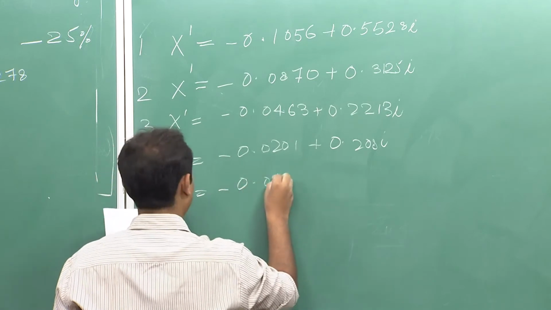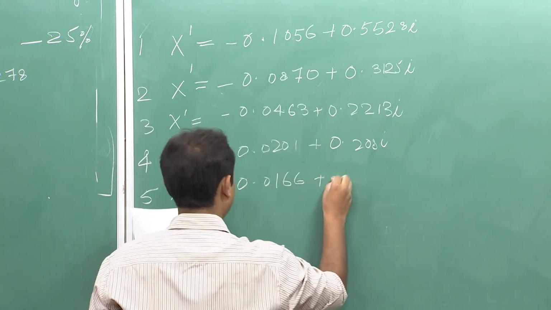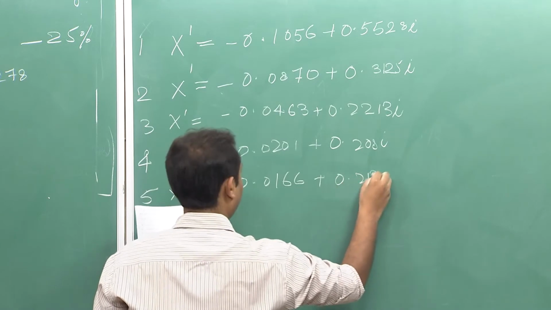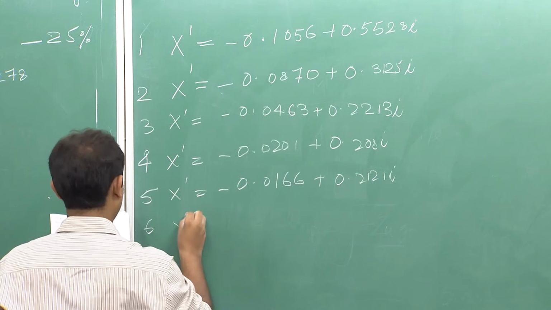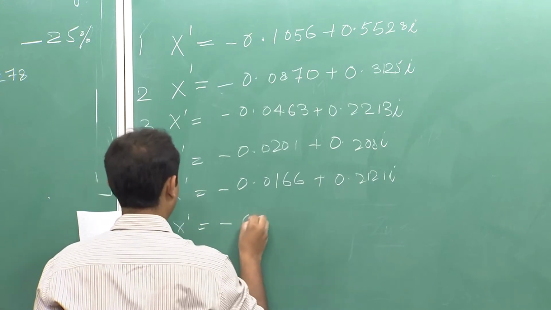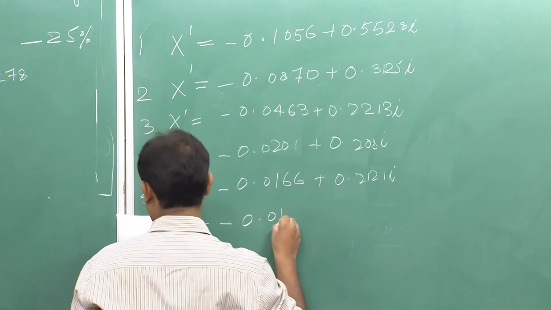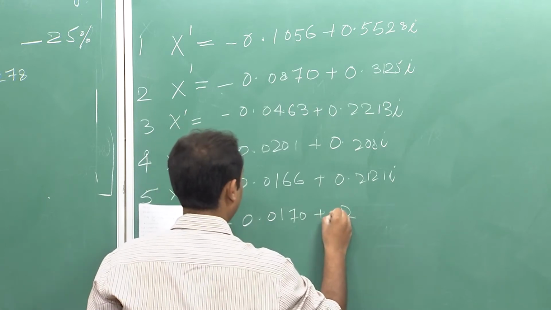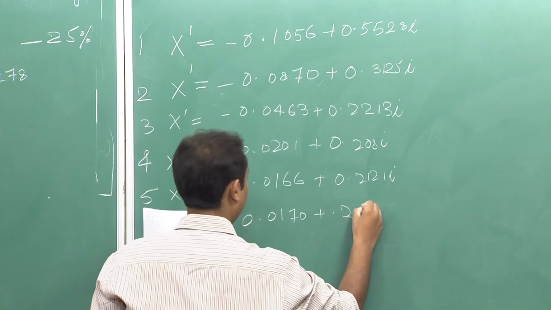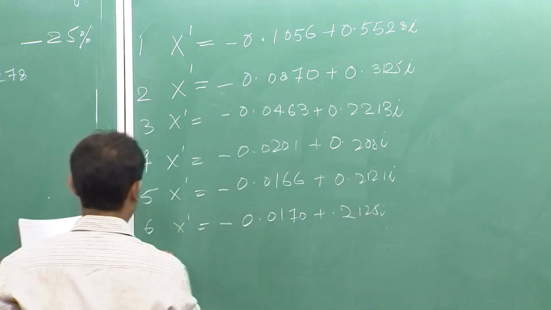The fifth gives 0.0166 plus 0.2121 i, the sixth iteration gives minus 0.0170 plus 0.2125 i, the seventh gives minus 0.0170 plus 0.2125 i.